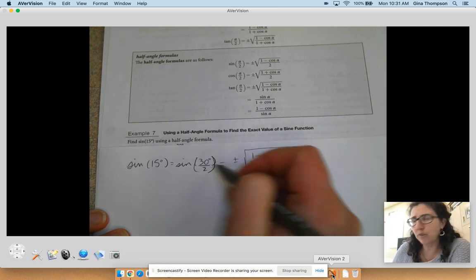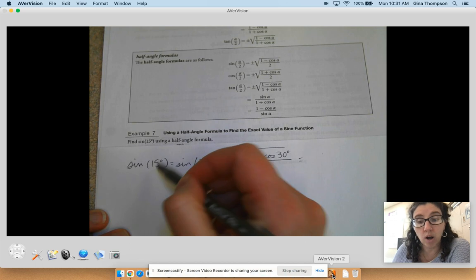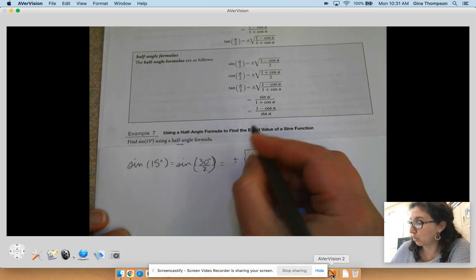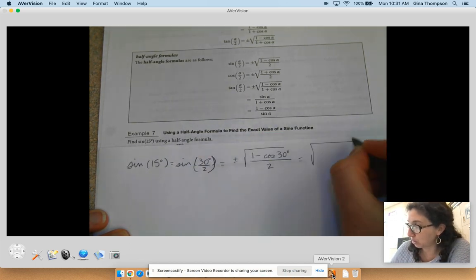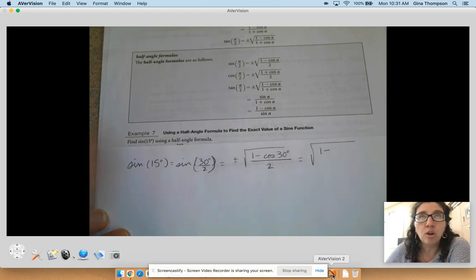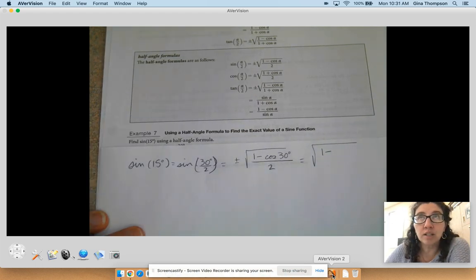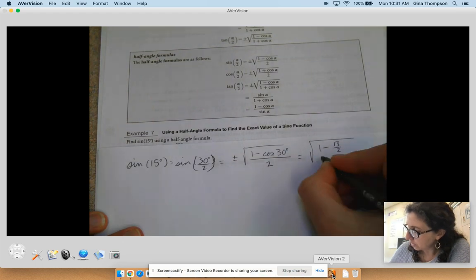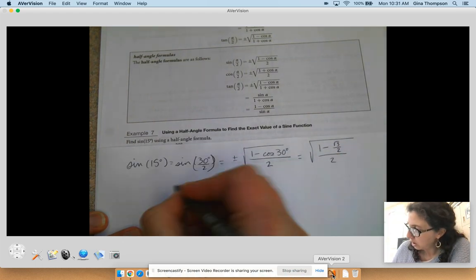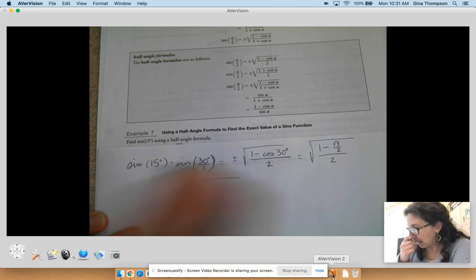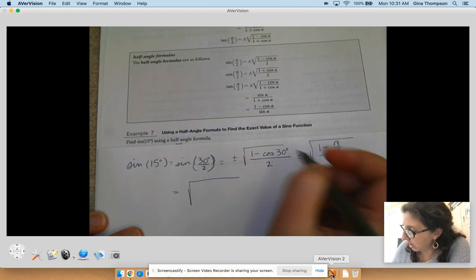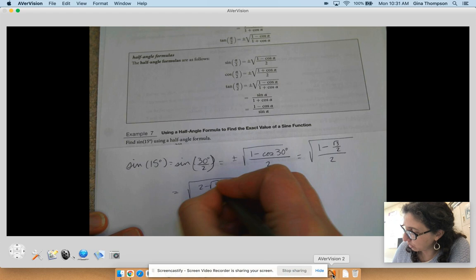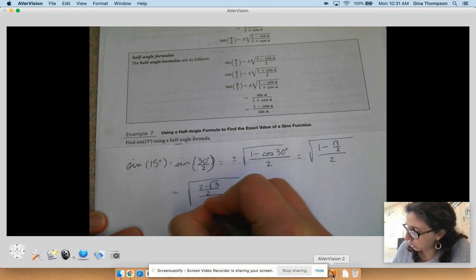Now let's think: 15 degrees is in quadrant 1. In quadrant 1, everything is positive, so we're going to take the positive square root. And cosine of 30 degrees is square root of 3 over 2, this whole thing divided by 2. That's the answer. We could keep simplifying. We could say 2 minus the square root of 3 all over 2, divided by 2.